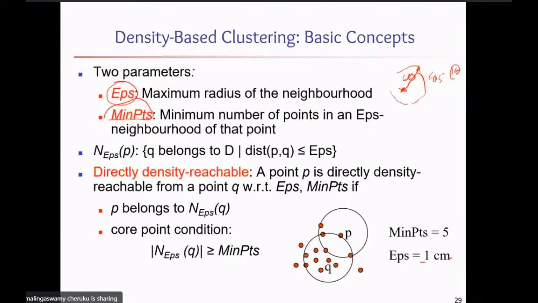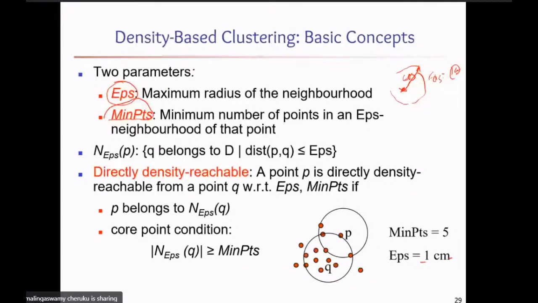If I draw a circle, this is my P, and this is my epsilon. So with P as the center and epsilon as the radius, I have drawn one circle, right? Now there is a point Q, and the distance of P comma Q is less than or equal to epsilon.